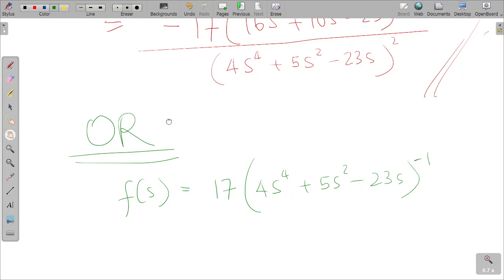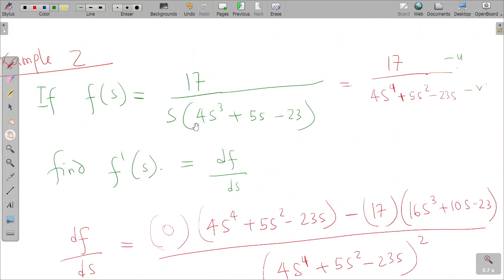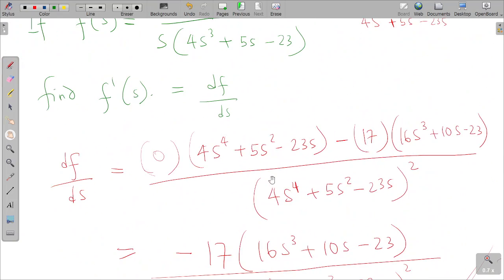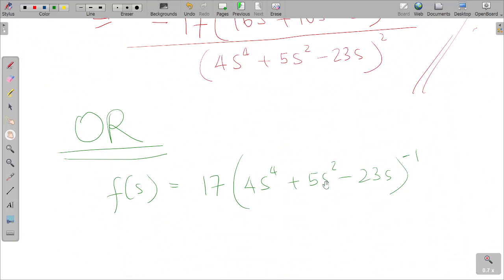Okay, so the original f of s given to us, we just decide to write it this way. Then we can now use chain rule on this.